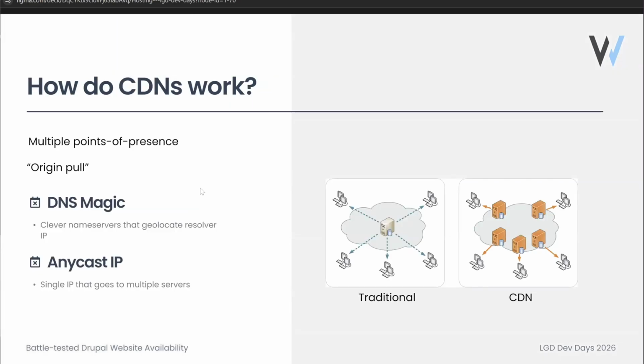I mentioned it will route traffic to a server that's close to you. They call these points of presence. Most CDNs now, the overwhelming majority of CDNs operate in an origin pool way. So that means that they're just proxies.